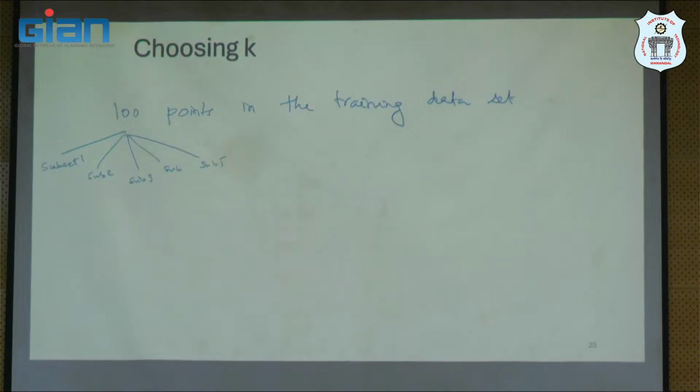These subsets are given a name called fold, and what I have created is 5 folds. Of the 5 folds, I will assume 4 folds as training data and 1 fold as validation data.